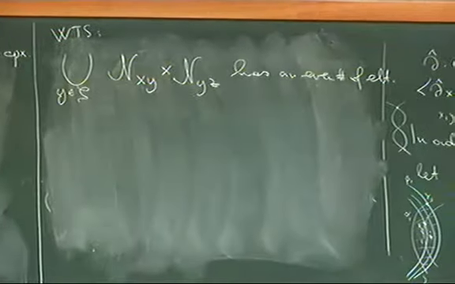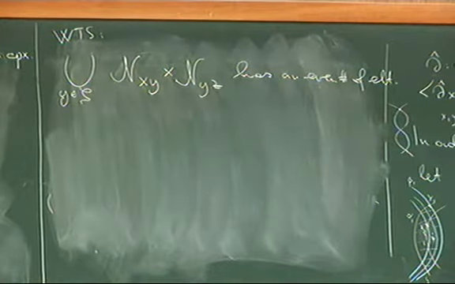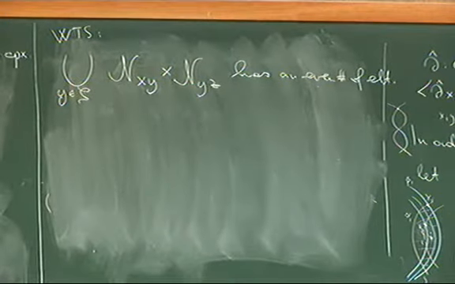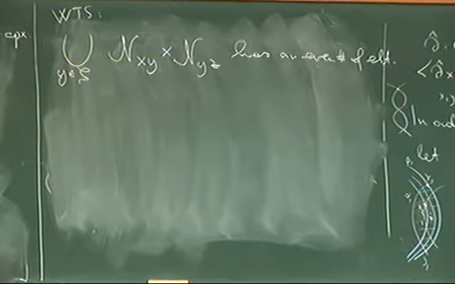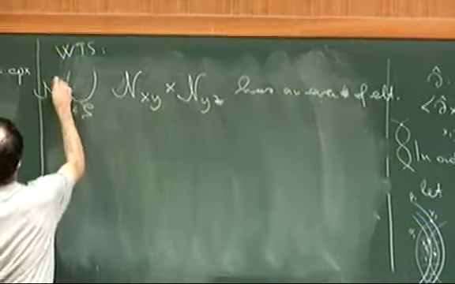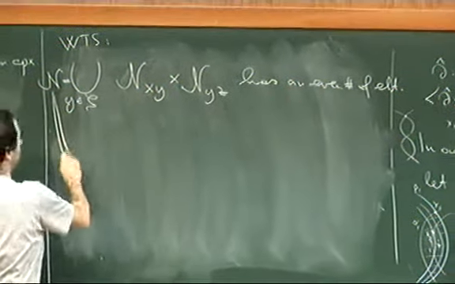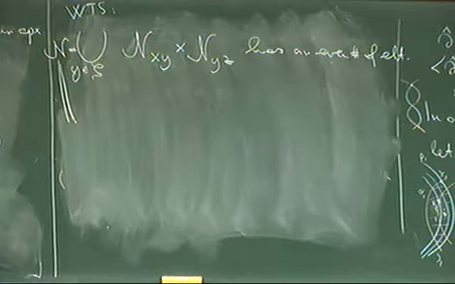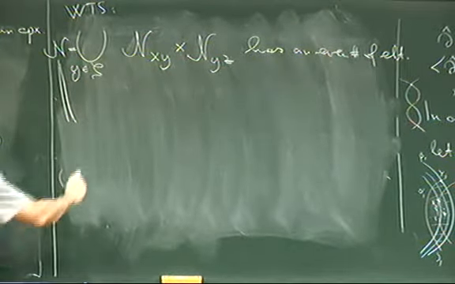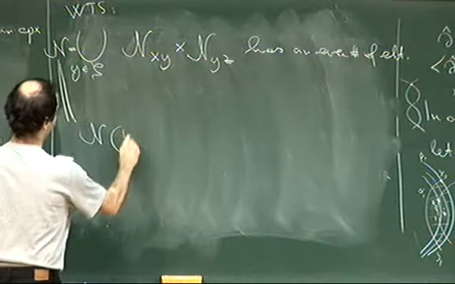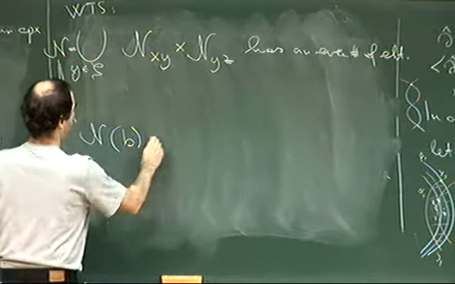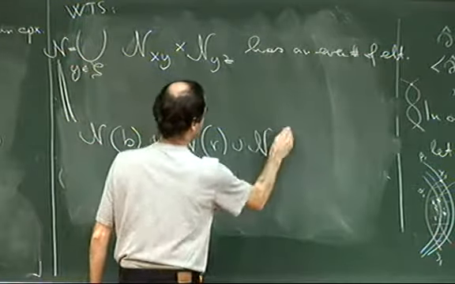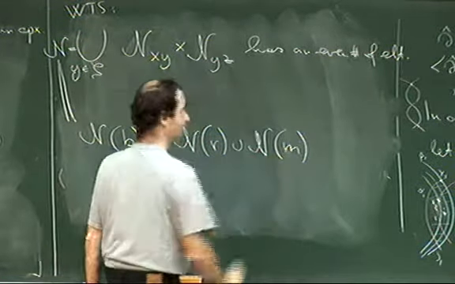Okay, so how can we go from x to z in two steps? Well, we can use two bigons or two rectangles, or we can mix them. So let's call this set n, and I partition it into three groups. There are the two bigon cases, the two rectangle cases, and the mixed guys. So this is a disjoint union of the bigons, the rectangles, and the mixed.